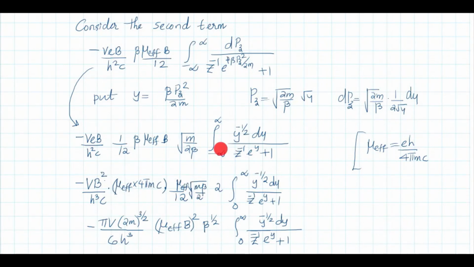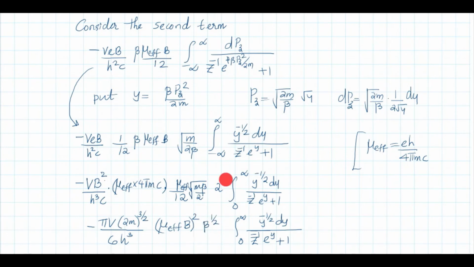Then integral minus infinity to infinity you can replace with 2 times integral 0 to infinity y raised to minus half dy divided by z raised to minus 1 e raised to y plus 1. Okay, this 2 and this 12 become cancelled and it is 6, minus pi v. This mu effective and this mu effective becomes mu effective square and this b square, so make it mu effective into b whole square. This beta raised to half, beta raised to half.